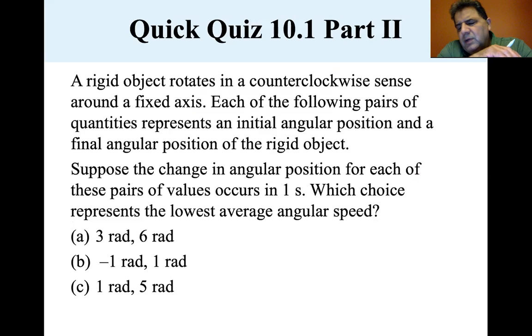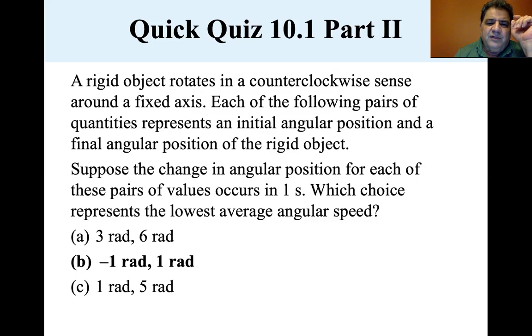So we do theta final minus theta initial. 6 radians minus 3 radians is 3 radians. 1 radian minus minus 1 radian is 2 radians, and 5 radians minus 1 radian is 4. So the shortest distance for the same time would represent the lowest average angular speed.